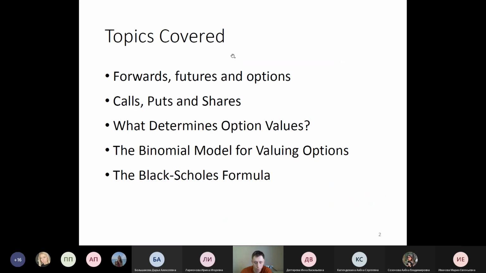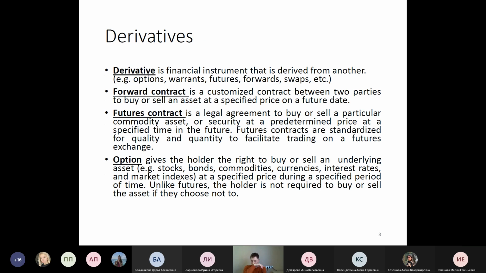Derivatives are the instruments that are issued based on other instruments. There are primary instruments and derivatives, so they are derived from those basic instruments. The most famous ones are forwards, futures, and options. Forwards are individual contracts.